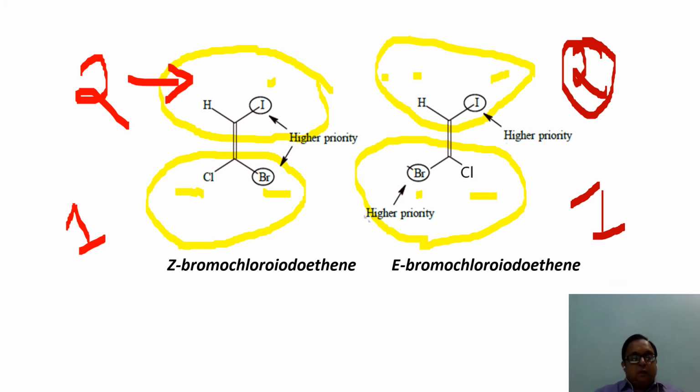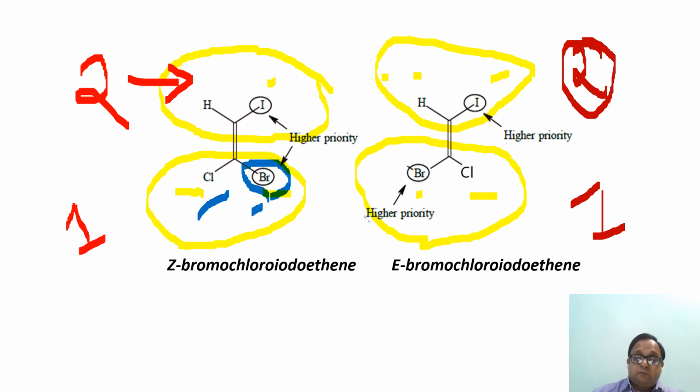Now, the attachments on carbon number 1 are chlorine and bromine. Everybody knows that bromine has a higher atomic number than chlorine, so it gets the priority.